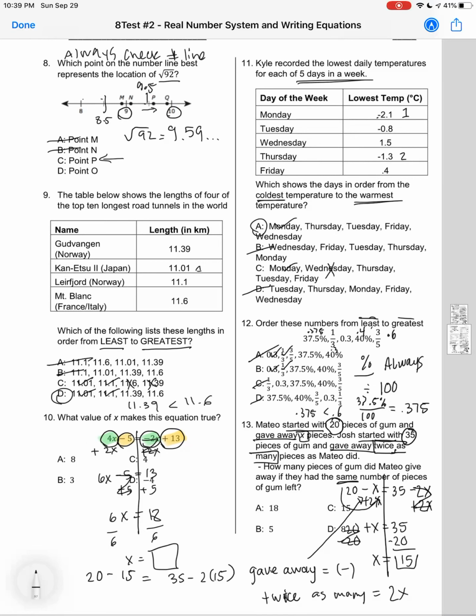So as we do this, 20 minus 15 will be 5, equals 2 times 15, which would be 35 minus 30. So we have 5 equals 5. And so we know that this would be our right answer. Then we can be confident that after 15 pieces of gum, they would have the same number left.